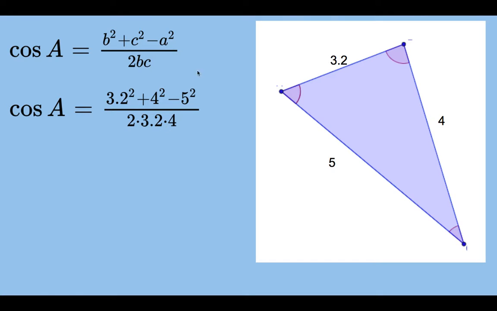Now, the way I've substituted this in, which angle am I trying to find? Am I trying to find this angle, or this angle? Because that's an important thing to understand. Which angle is it I'm trying to find? Hopefully you understand it's this angle I'm trying to find.